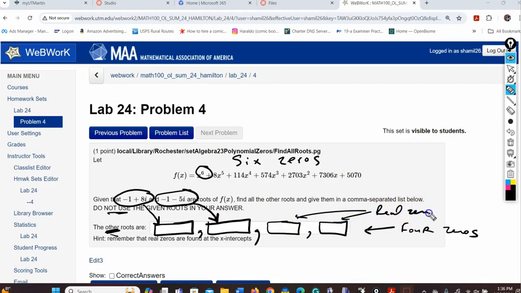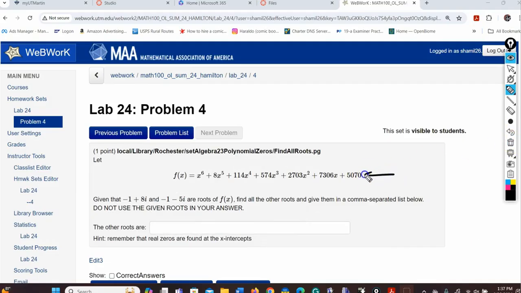And if they're real zeros or roots, they occur where there are x-intercepts. So you'll need to look at the graph. The graph of what? The graph of this. And you just have to input it very carefully. Okay. Now, that's great if you've been given this partial information.